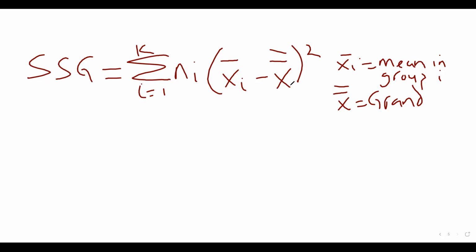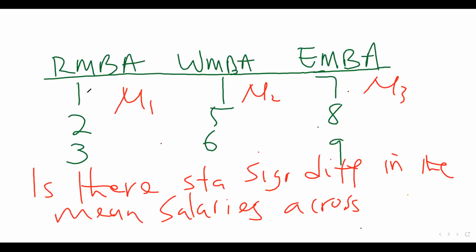No, that's not correct. The grand mean simply means you add all the numbers together irrespective of which group they belong to. So add 1 to 2 to 3 to 4, to 5, 6, 7, 8. Add all of them together and then divide by the sample size, and that will be the grand mean.